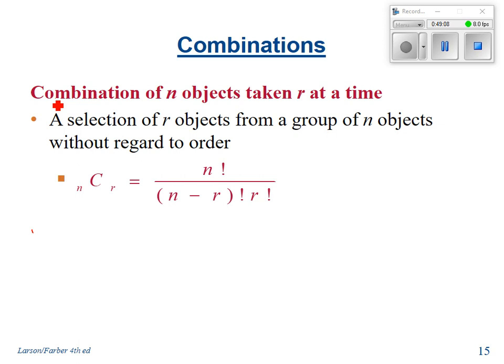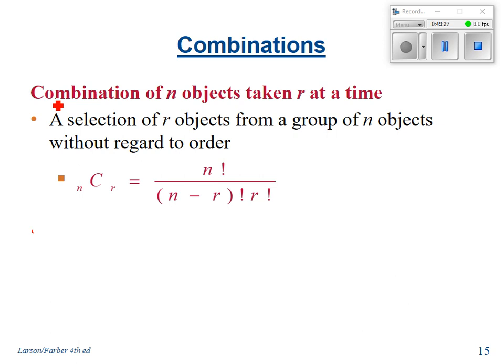Alright, so for a combination, is the combination number going to be bigger or smaller than a permutation? Smaller. Because when we're running our race, we don't care who finishes first, who finishes second, who finishes third.